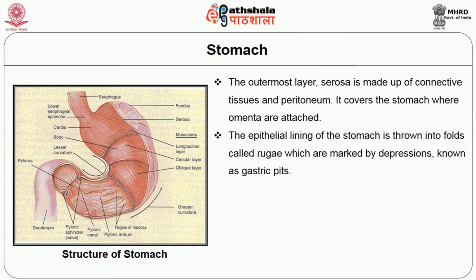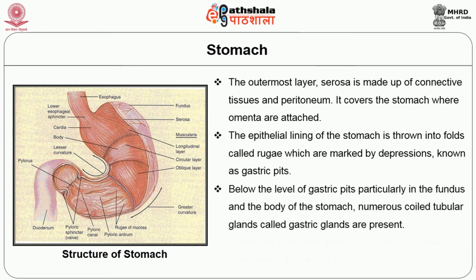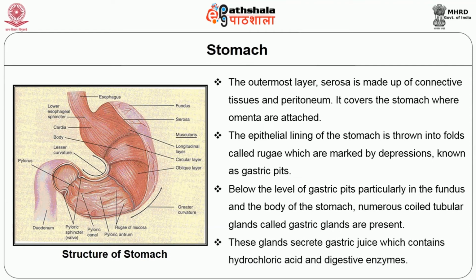The epithelial lining of the stomach is thrown into folds called rugae, which are marked by depressions known as gastric pits. Below the level of the gastric pits, particularly in the fundus and the body of the stomach, numerous coiled tubular glands called gastric glands are present. These glands secrete gastric juice, which contains hydrochloric acid and digestive enzymes.